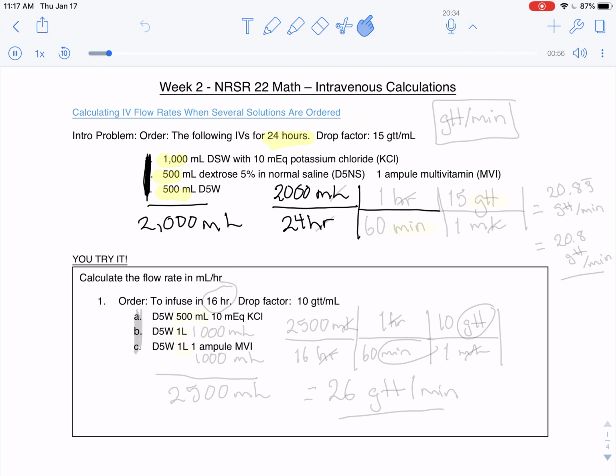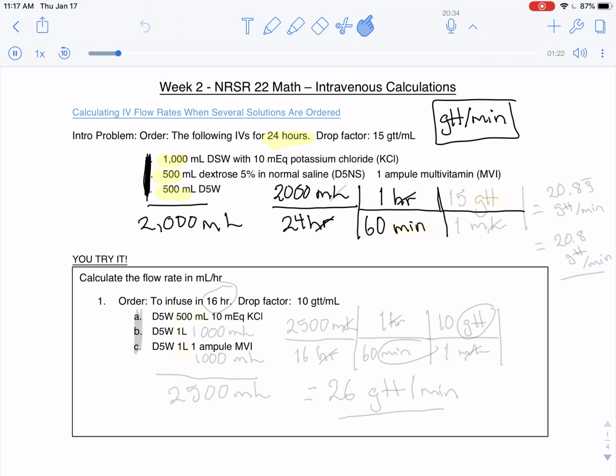We want our answer to be in minutes, since whenever we're looking for drop factors, we need to write it as drips per minute. That's what our final answer should look like. So we should convert these hours into minutes. In 1 hour, there are 60 minutes. So that takes care of the hours part.